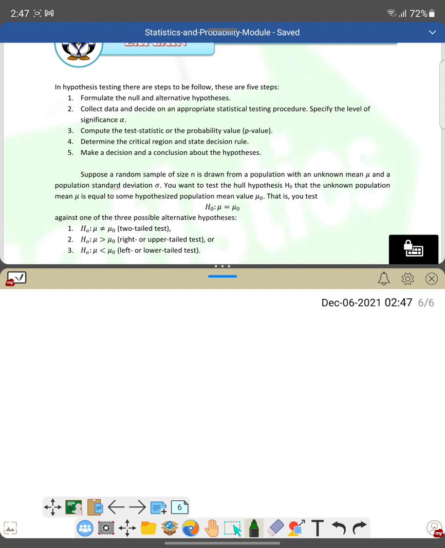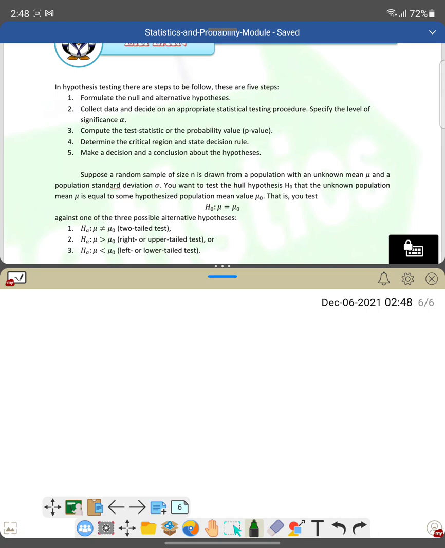Okay, so for example, suppose a random sample of size n is drawn from a population where the population mean is unknown, and the population standard deviation, which is given by sigma, is known. So you want to test the null hypothesis that the unknown population mean is equal to some hypothesized population mean value.